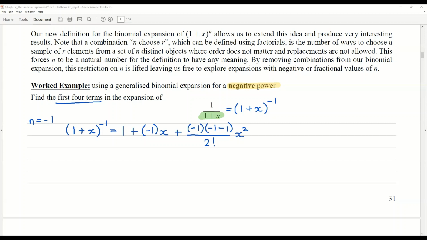So we have 3 terms so far, and we need one more term, plus n multiplied by n subtract 1 multiplied by n subtract 2 all over 3 factorial, and this is the coefficient of x cubed. And we'll just acknowledge that there's more to come here.